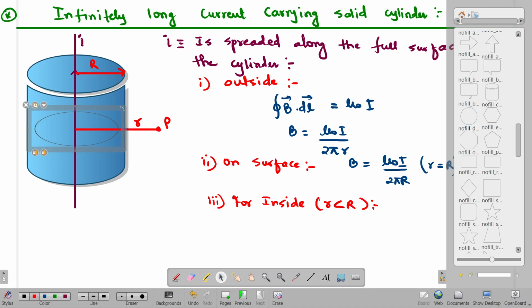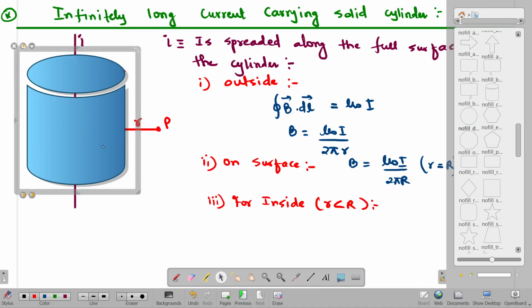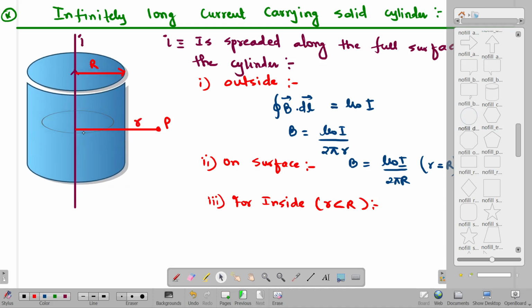When I'm considering any inside part, this will be like an inside part or not. Let's suppose I want to find the magnetic field over here. So inside part will be like this region. I have to consider this region. See, because the radius over here for this inside part is this small r.